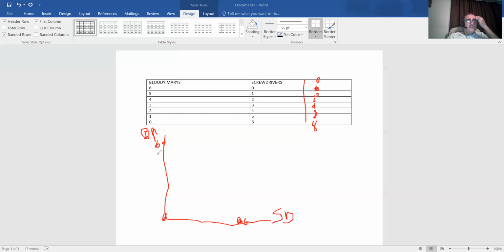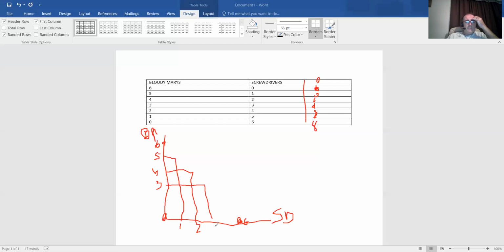So what we're going to do next is plot these points. It's going to be 5 and 1, right? The next one is going to be 4 and 2. The next one is going to be 3 and 3.